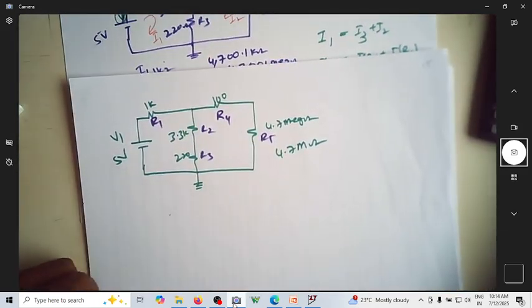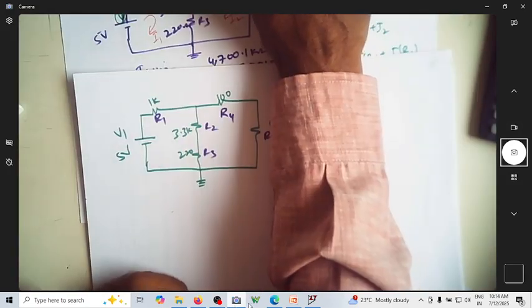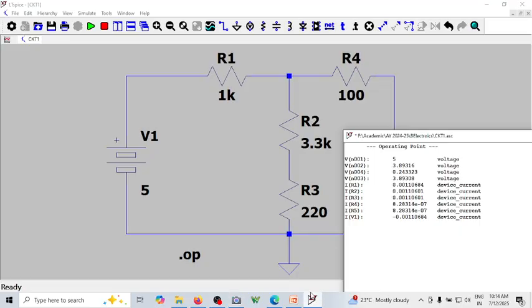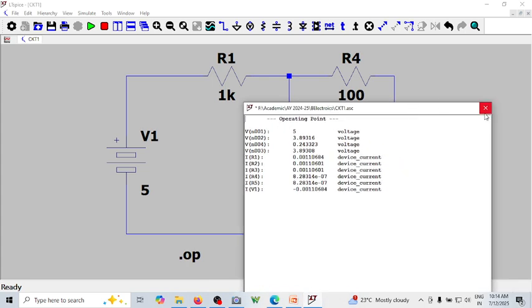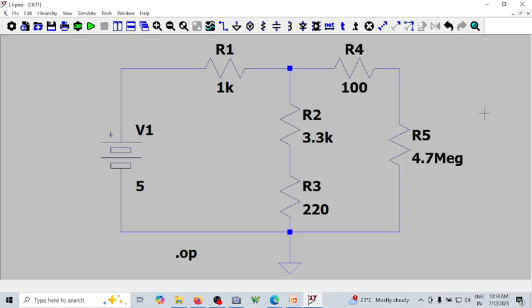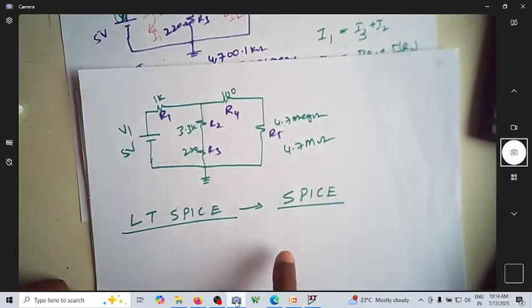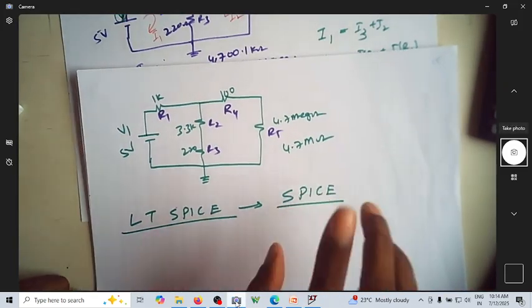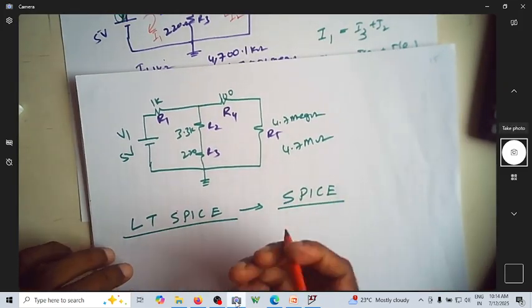Whenever we write this spice code, I said that this is LTspice. So let us try to define what LTspice is. LTspice is one of the spice simulators. So what is this spice?